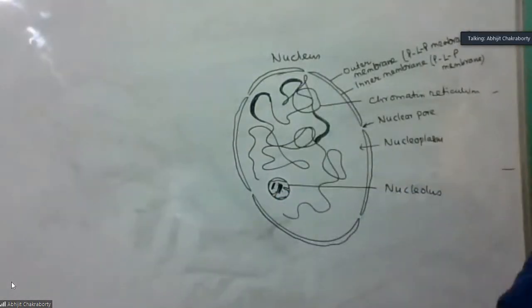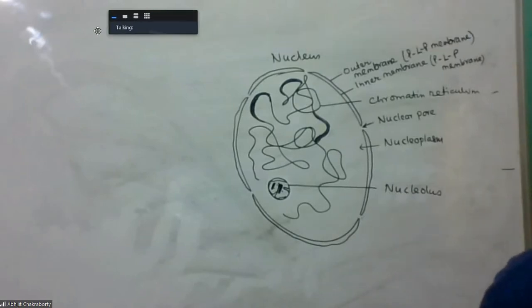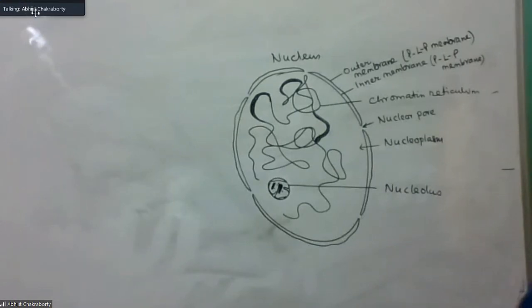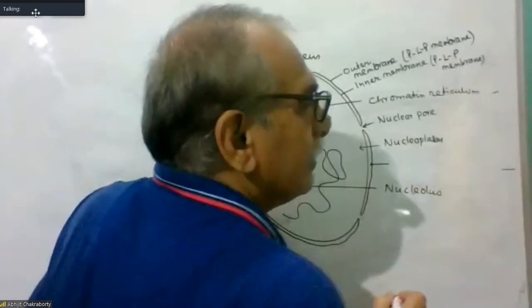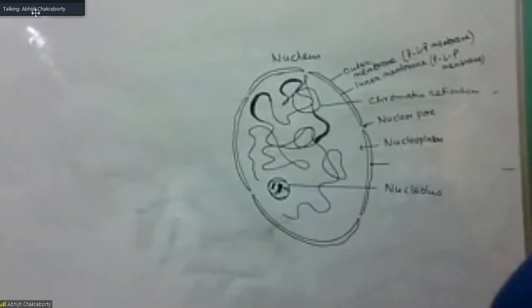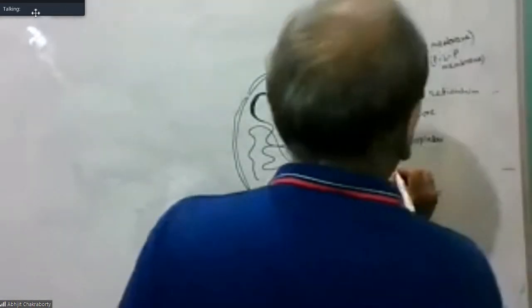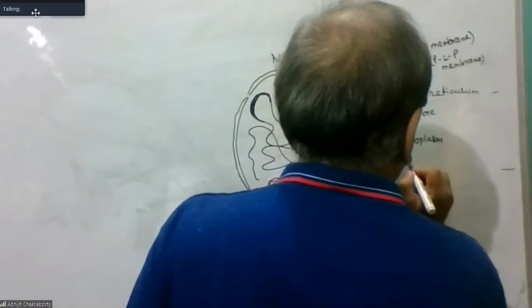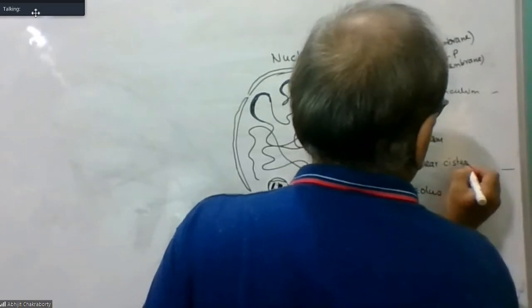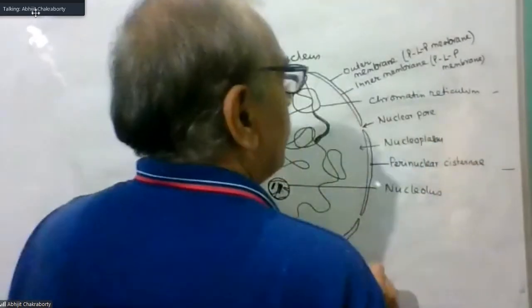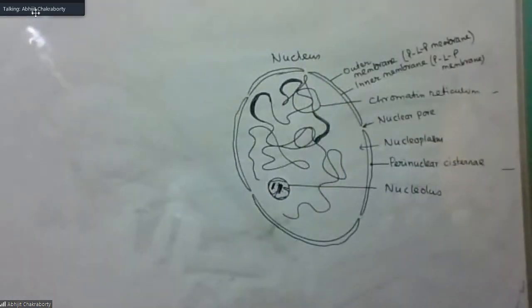Remember this thing: the space between these two membranes is called perinuclear cisternae or perinuclear space.